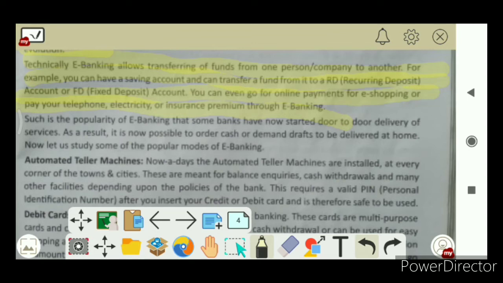Even if you have purchased anything by e-shopping, you can pay money for the purchased thing electronically, and you can even submit or pay your insurance premium through e-banking. So these are examples of many activities that you can do using the internet or e-banking.